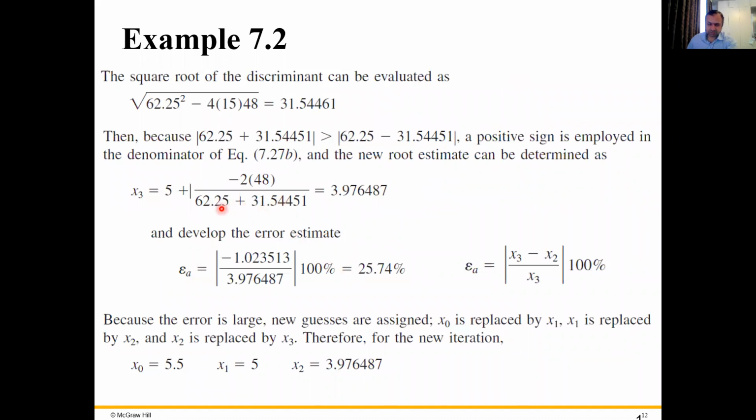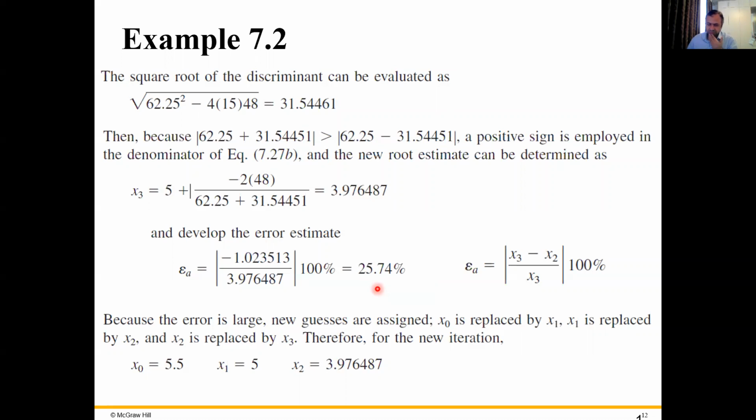Here, then, we have chosen the plus value. So in this case, from the value of x2, which was 5, we have got the value of x3, which is 3.97. Based on this 3.97 and the previous value of x2, so 3.97 minus 5 divided by 3.97, we have found the approximate percentage error, which is 25.74%.